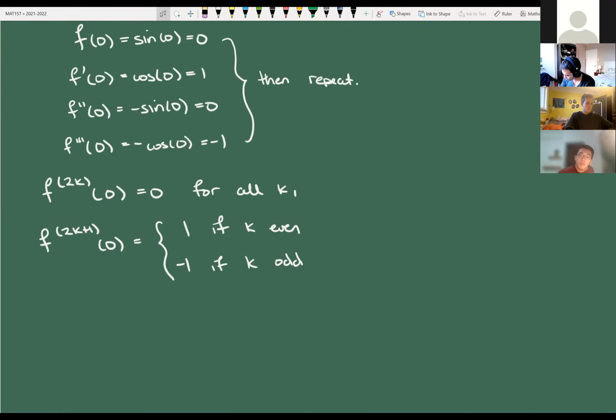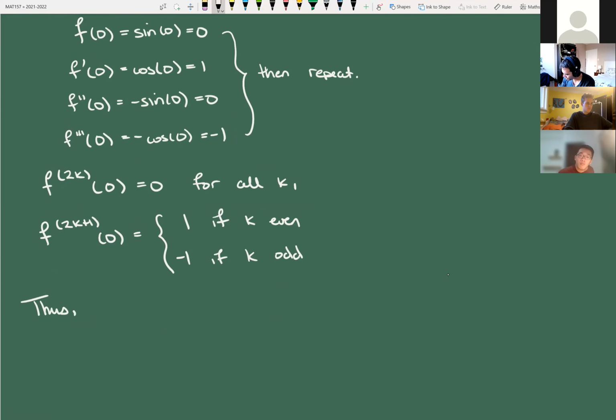Thus, it turns out it's going to be easier to write this Taylor polynomial as 2n plus 1. You could do it for general n if you want. It's just definitely easier if we do an odd thing.